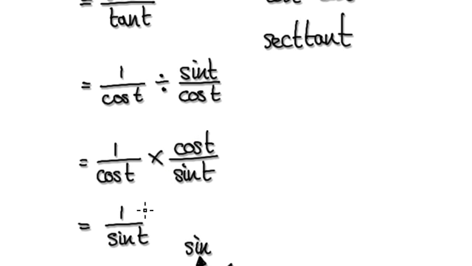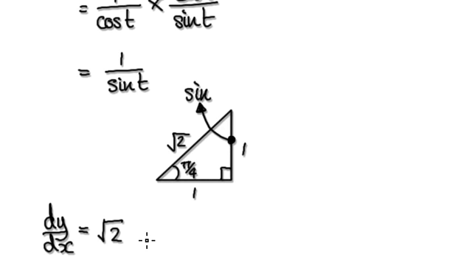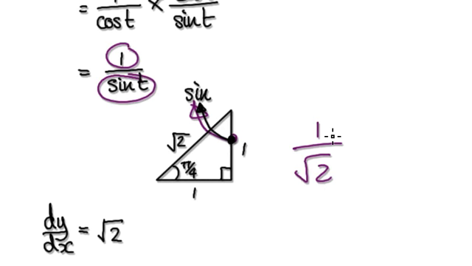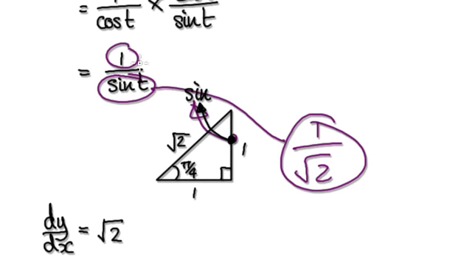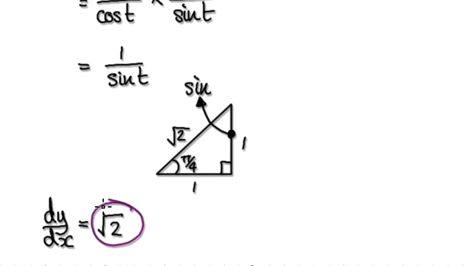So dy by dx is simply 1 over sine t. Sine t is 1 over root 2, but then you've got 1 divided by this, so it becomes root 2. So dy by dx is root 2.